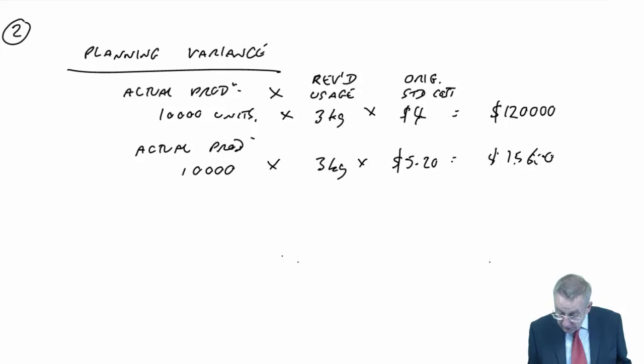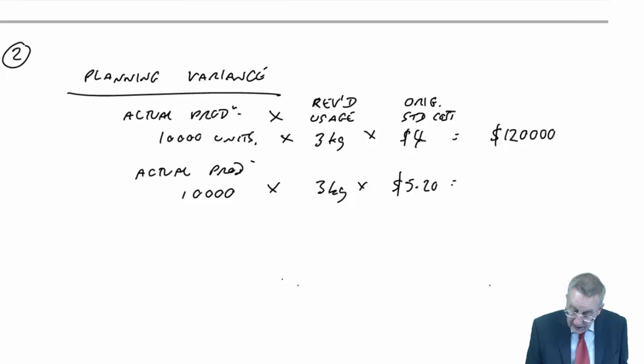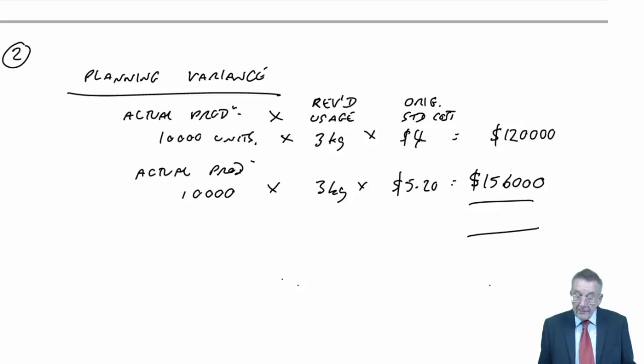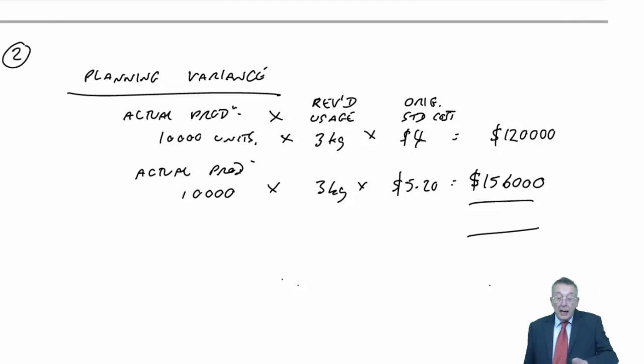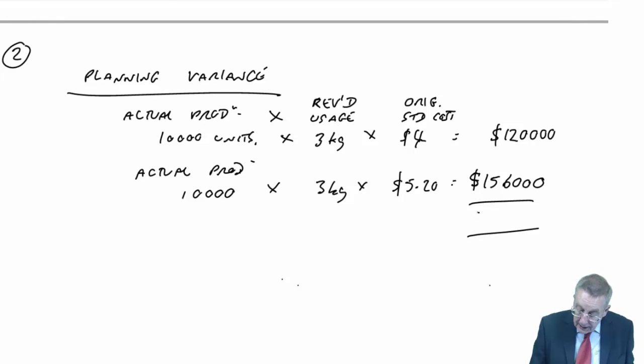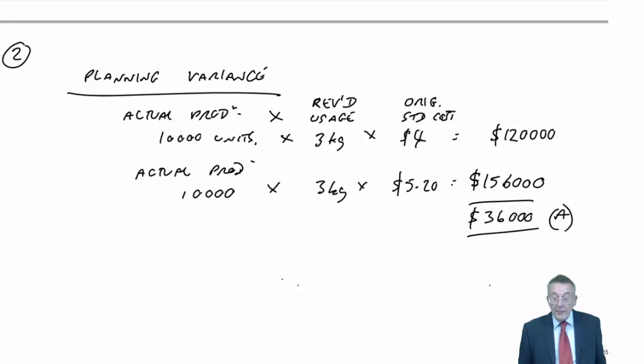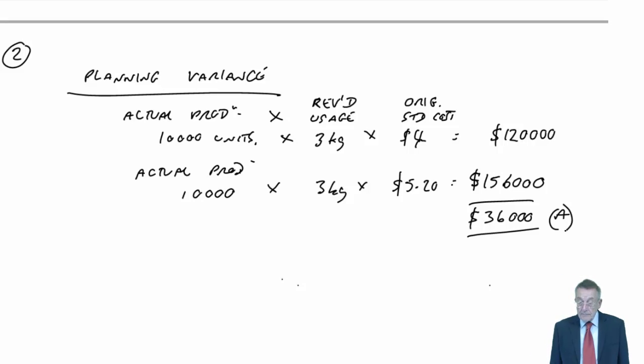There seems to be something going wrong with my pen here. It's probably getting overheated. Hopefully we're back to normal. And so, revising it means we expect to spend 36,000 extra. And I hope obviously from the very beginning it's adverse.